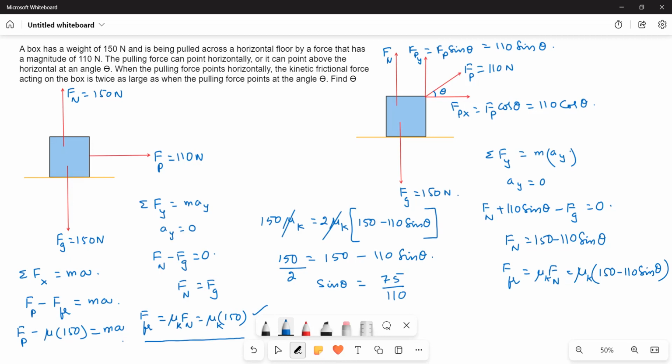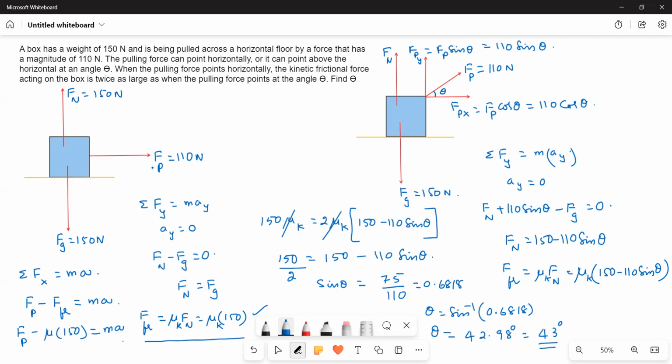Any idea? 75 divided by 110 is equal to 0.6818. Therefore theta is equal to sine inverse of 0.6818. The value is 42.98 degrees, that is equal to 43 degrees. So theta is equal to 43 degrees.